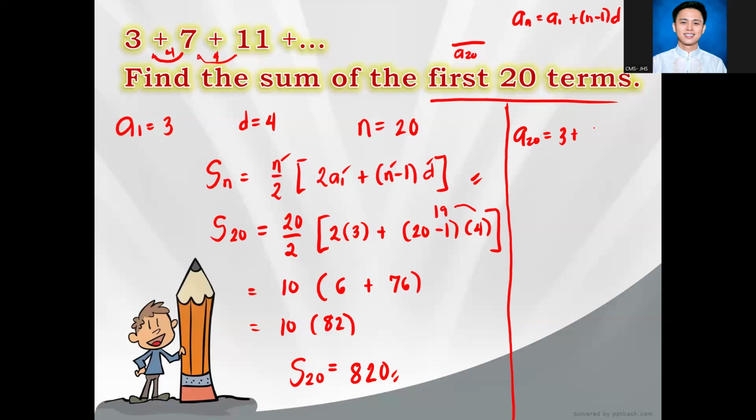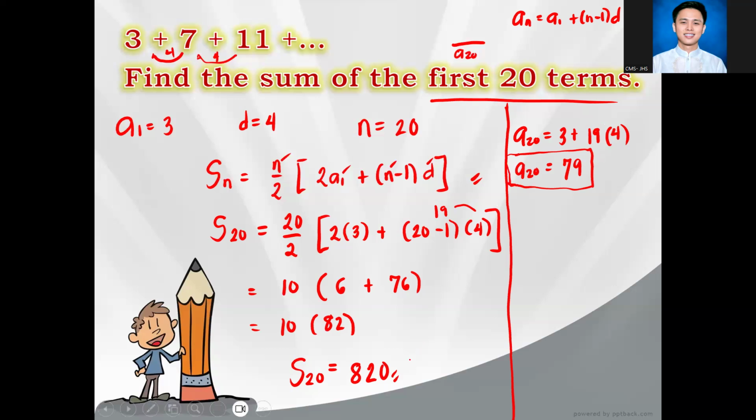We're solving for a sub 20, so 20 is n. 20 minus 1 is 19. And then our d is 4, right? So 19 times 4 is 76 plus 3, 79. Therefore, a sub 20 is 79. Sir, we have a sub 20 already. Can I make use of Formula 1 to check?